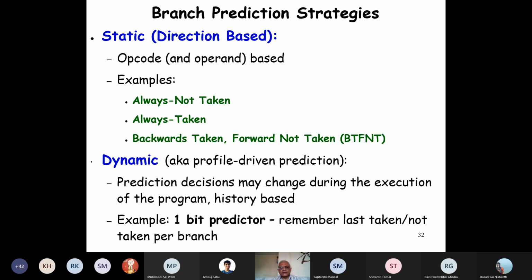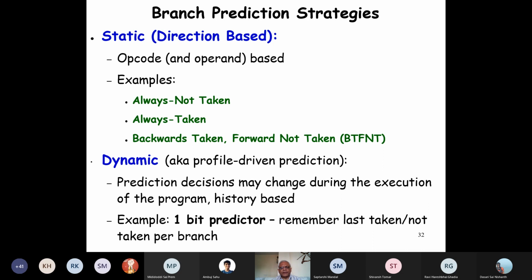The main reason why backward taken and forward not taken is successful, among all the three approaches of the static predictor, is that loops are typically backward branches, jumping to the beginning of the loop. So if you analyze a piece of assembly code, you'll find that whenever there is a backward branch, it's basically a loop.